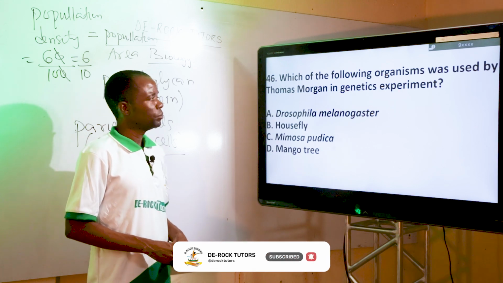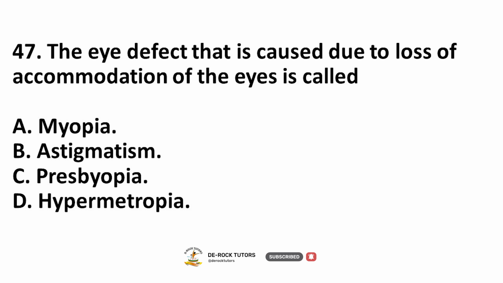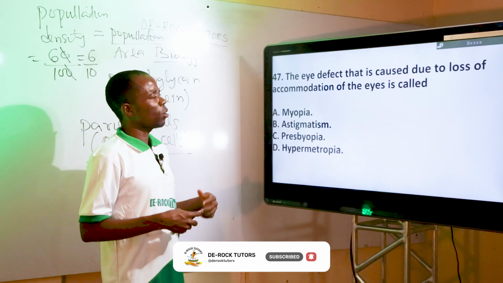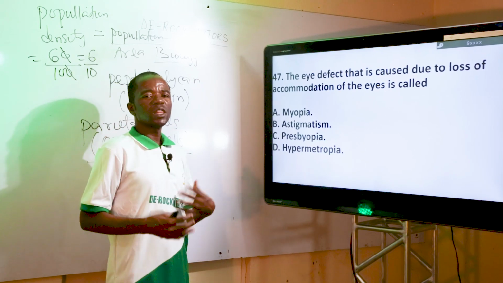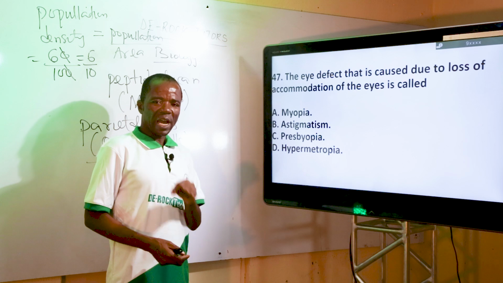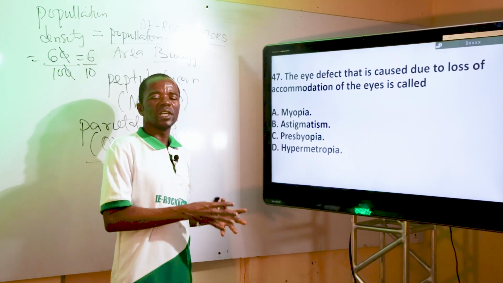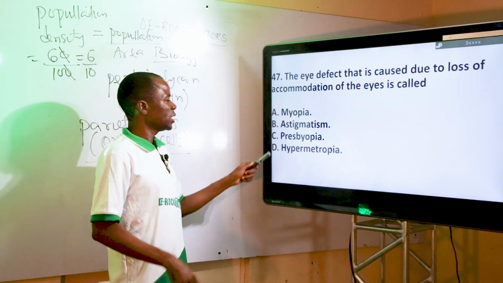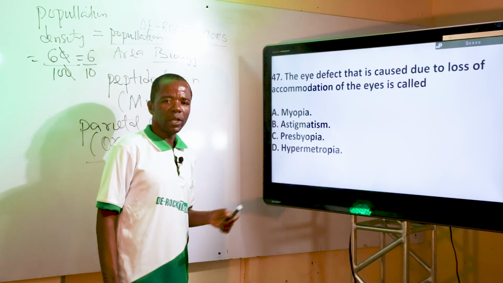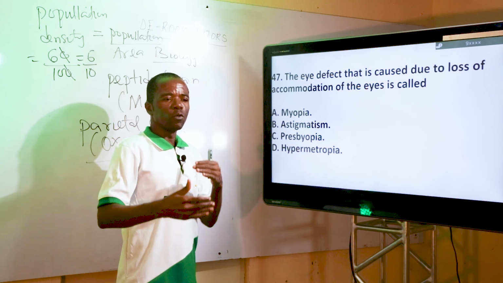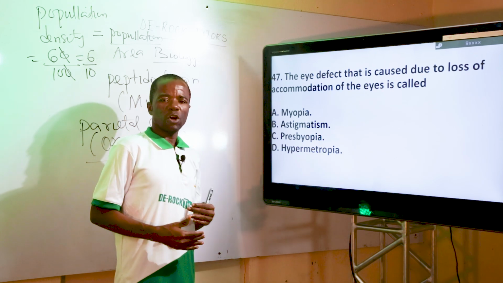Number 47. The eye defect that is caused due to loss of accommodation of the eyes is called dash. We know that we have different eye defects, but the eye defect which is caused by loss of accommodation of the eyes is what we refer to as presbyopia. Don't forget, accommodation of the eye is the ability of the eye to focus on both far and near objects.